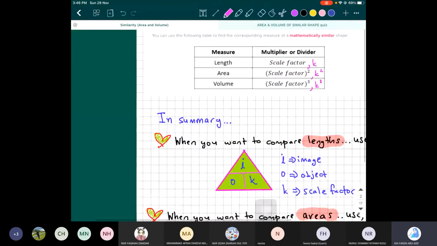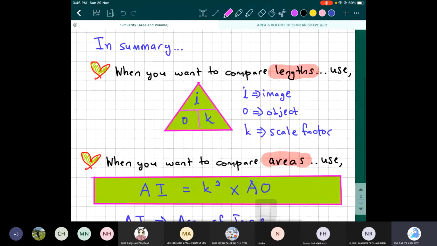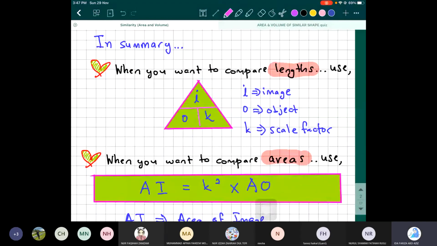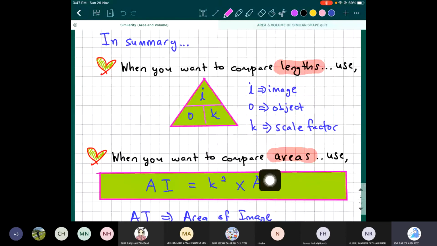Okay, so in summary, ni saya buat nota saya sendiri dalam conclusionnya, kita akan guna tiga benda nanti. Okay, when you want to compare lengths, please use this pyramid. Okay, I made this pyramid for you. I made this up.